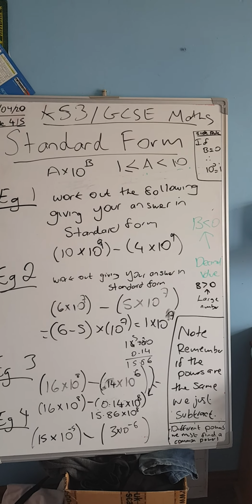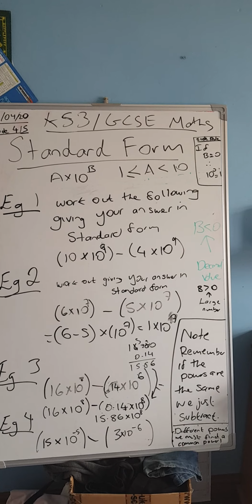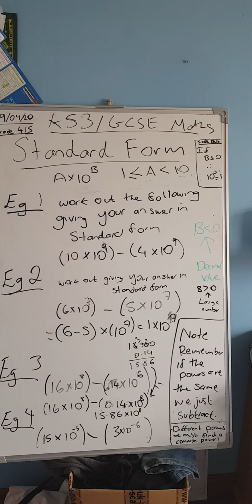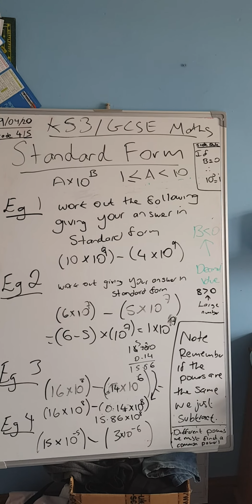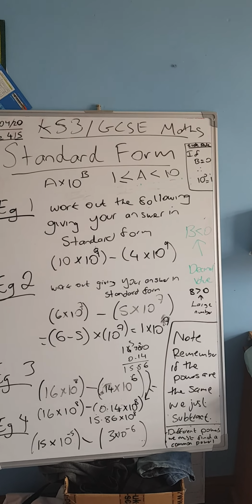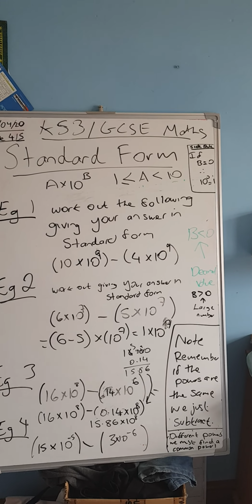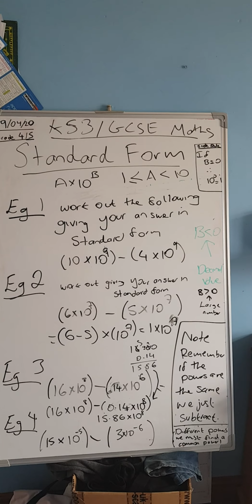Right guys, example number 3, 16 times 10 to the 8 minus 14 times 10 to the 6. Here we've got a bit of an issue because 10 to the power of 8 and 10 to the power of 6 are not the same. So I have to convert one of the standard form numbers into the same power.